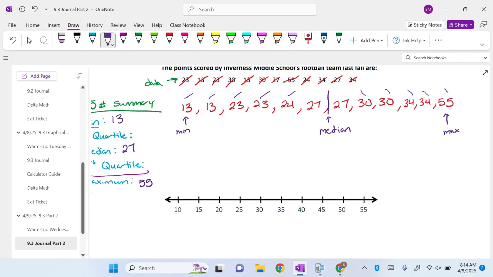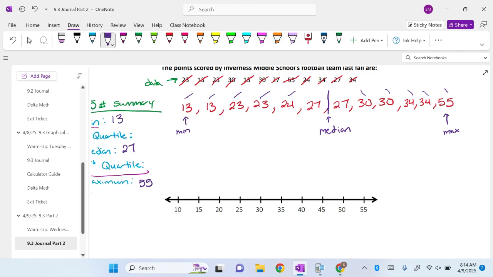How do I find the quartiles? How would I find the first quartile? I would have to do what? So the first quartile is somewhere between the minimum and the median. In fact, it's halfway between them.